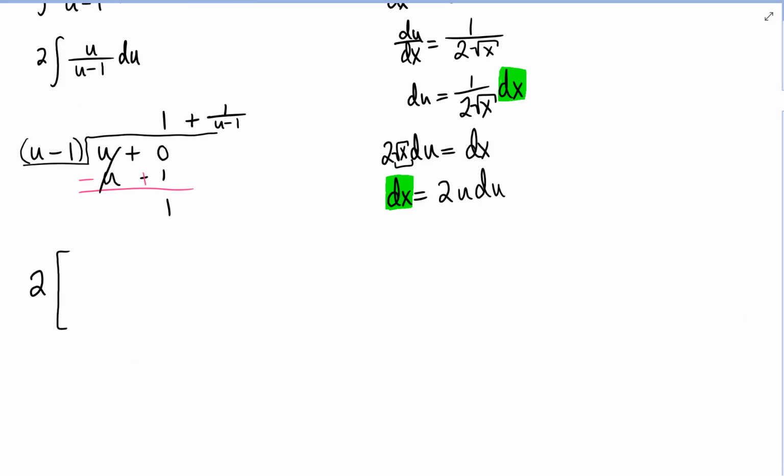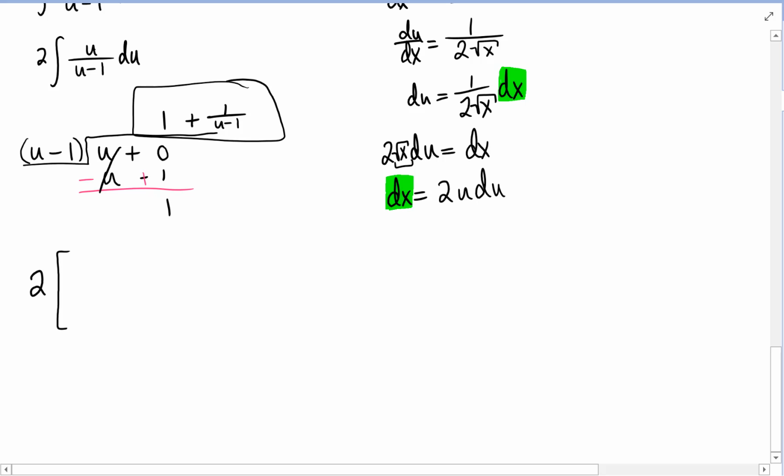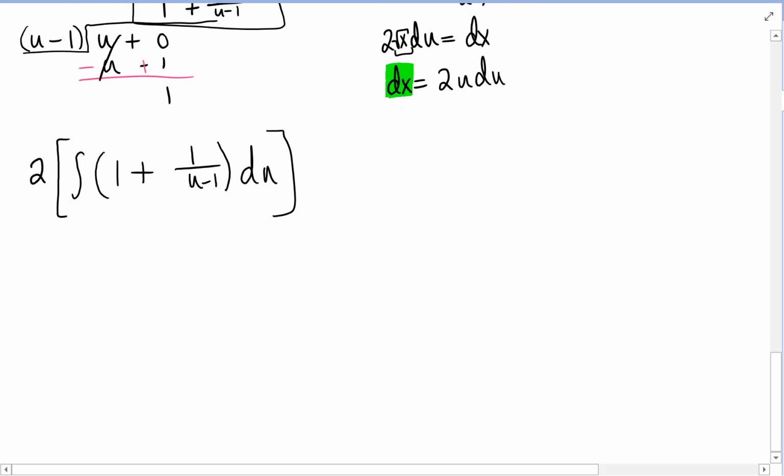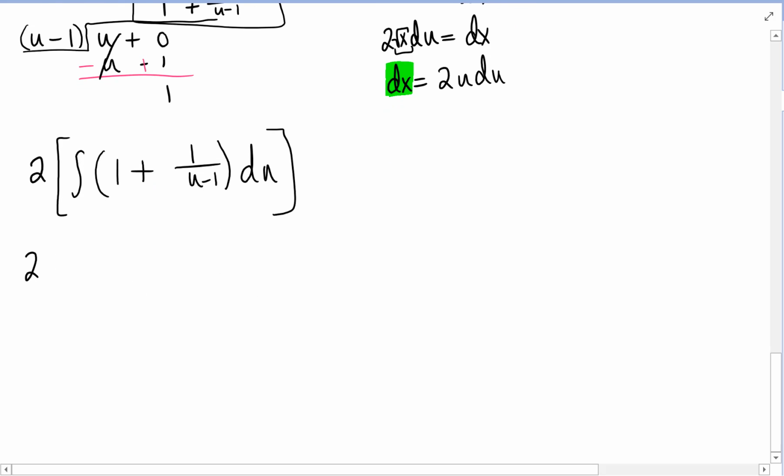So we have 2 times the integral of u over u minus 1. And u over u minus 1 can be rewritten as this expression with 2 terms. So now I'm going to take 2 times the integral of this expression. And I can actually separate that and take the integral of each of those pieces separately.